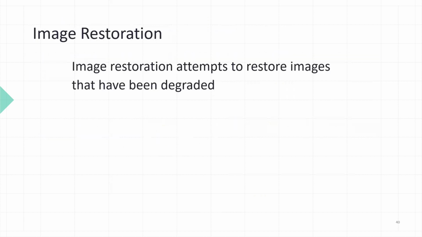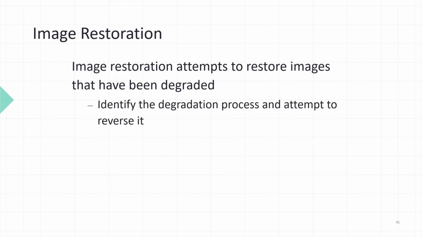Next, let us know about image restoration. As I already said, it attempts to restore images or scenes which have been distorted or degraded by some internal or external issues, like atmosphere or decay in the material. In this one, first of all, we have to identify what degradation process has happened.